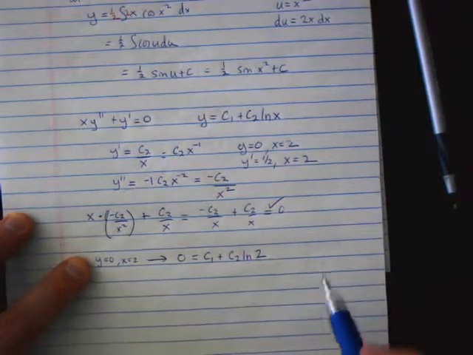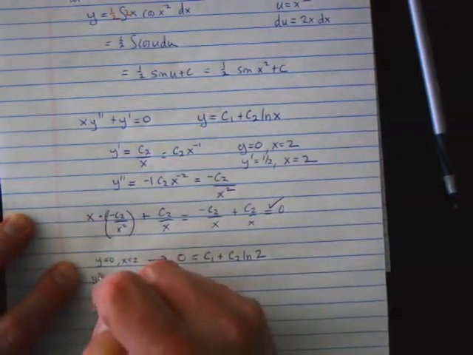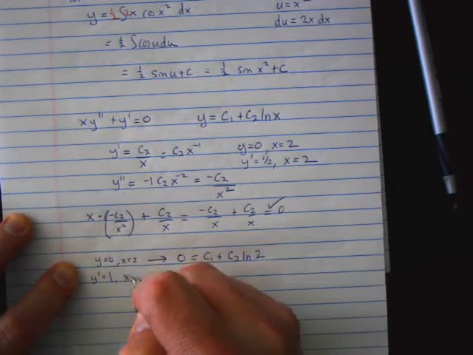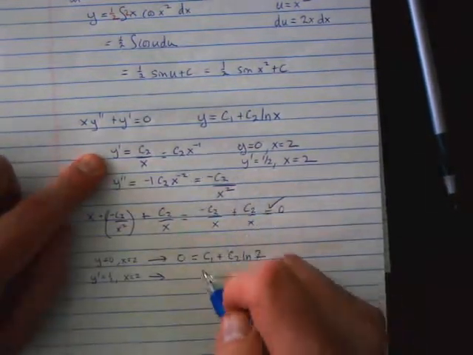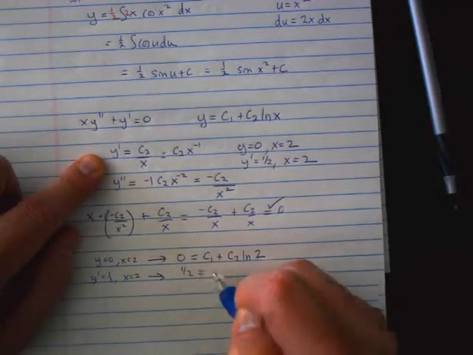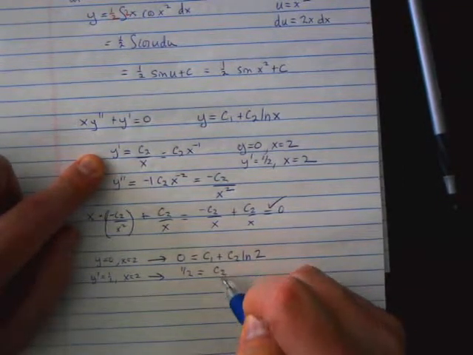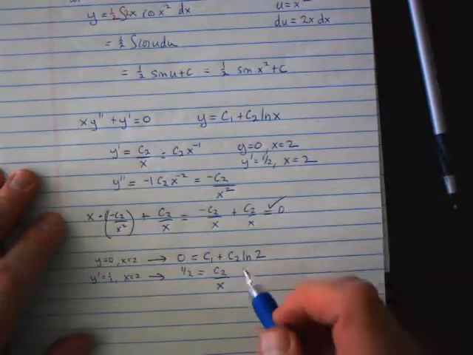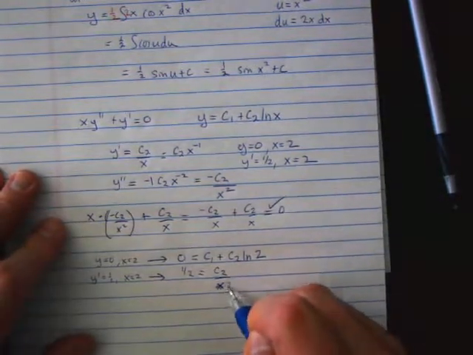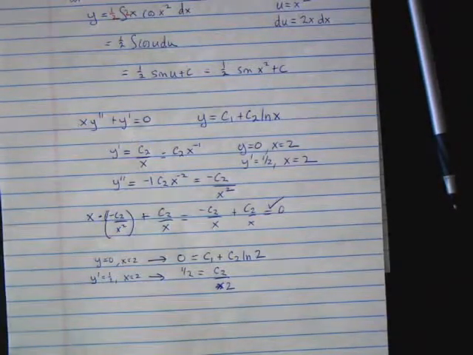Can't solve that. Plug in the other initial condition, y prime equals a half when x equals 2. So I go to my y prime formula here. I have 1/2 equals c2 over x. Oh, not c2 over x, c2 over 2. X is the number 2.